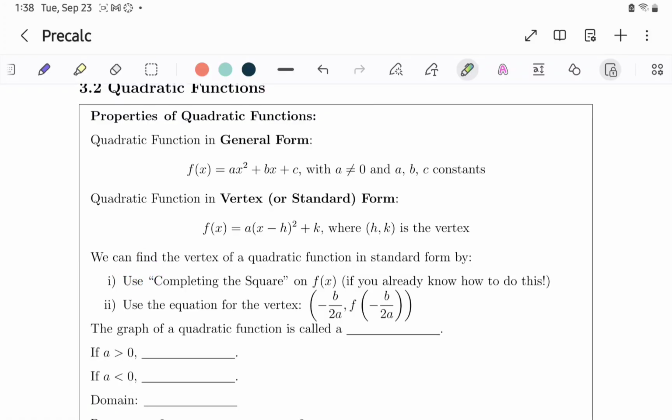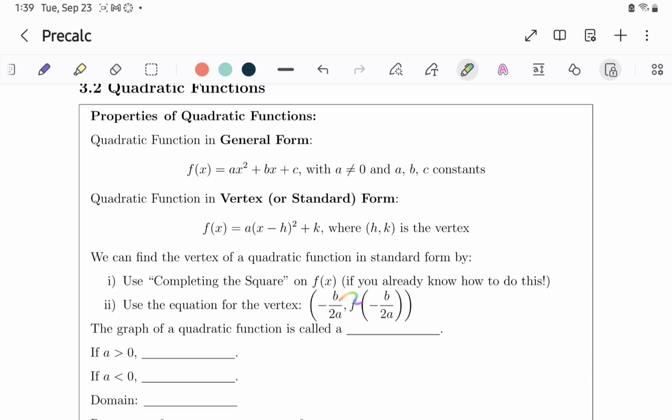And so we can find the vertex of a quadratic function in the general form by using completing the square on f of x in the general form, or instead we can use the following formula for the coordinates of the vertex.